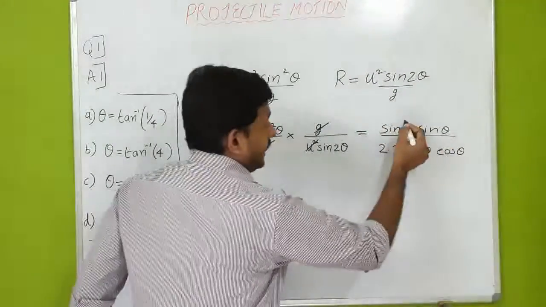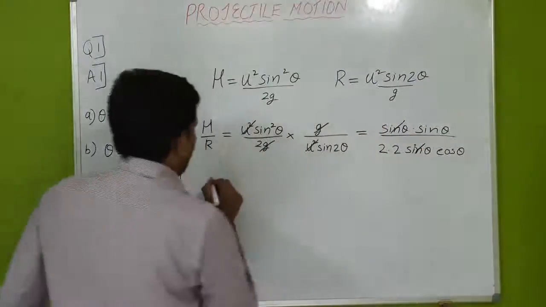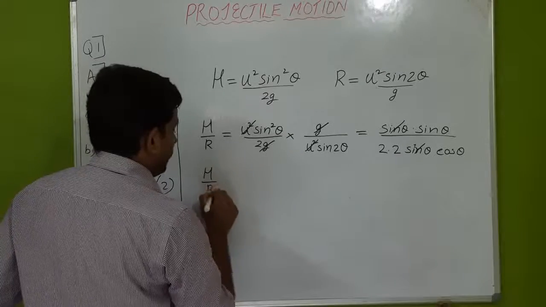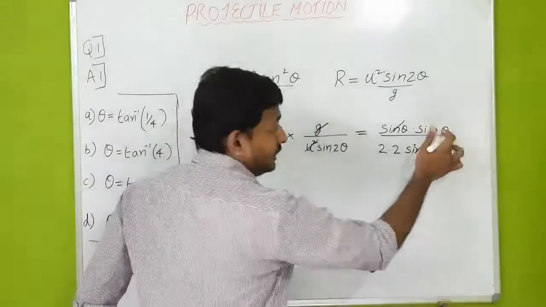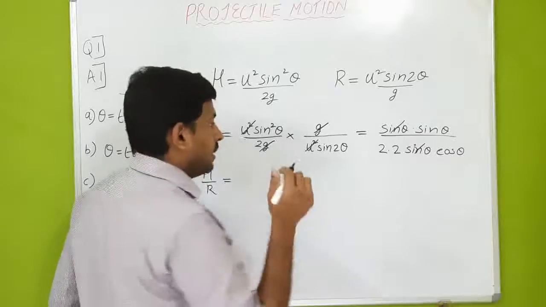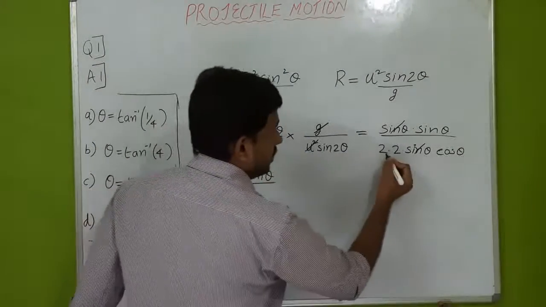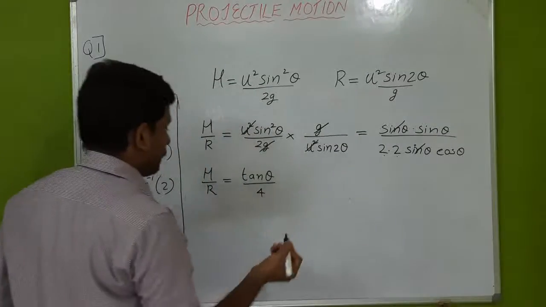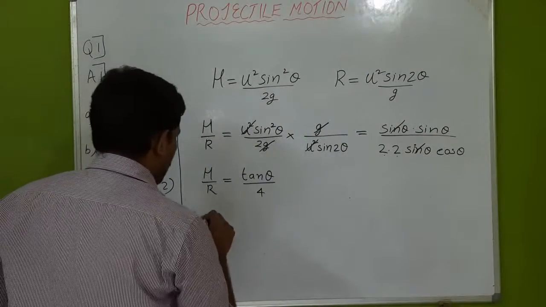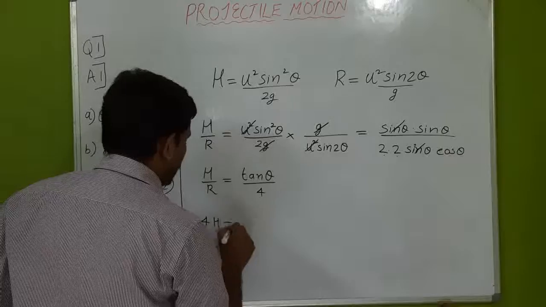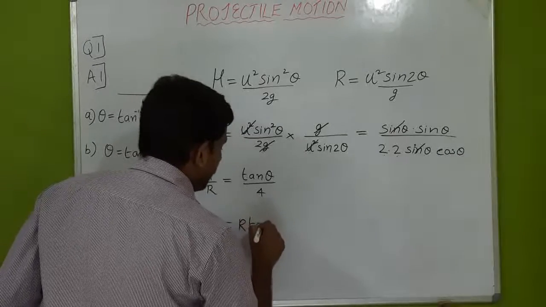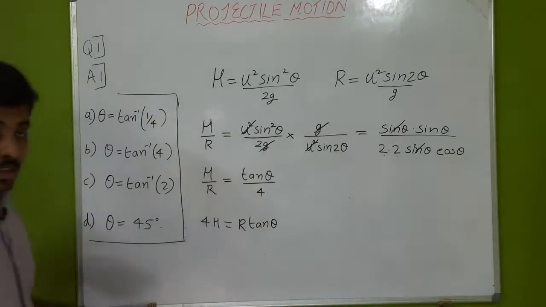Therefore the sine theta and sine theta cancel and we will get h by r is equal to, what is sine theta by cos theta? Tan theta. Therefore tan theta divided by 2 into 2, that is 4, or 4h is equal to r tan theta.